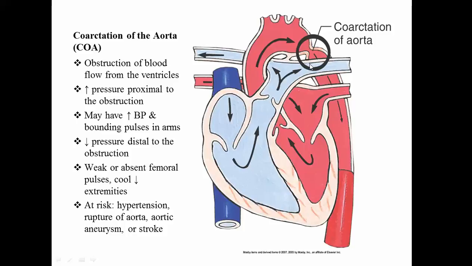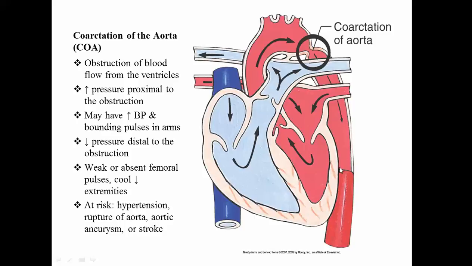Because of that narrowing, it results in increased pressure proximal to the defect. So there's increased pressure in the head and upper extremities, and there's decreased pressure distal to the obstruction. So there's decreased pressure in the body and the lower extremities.